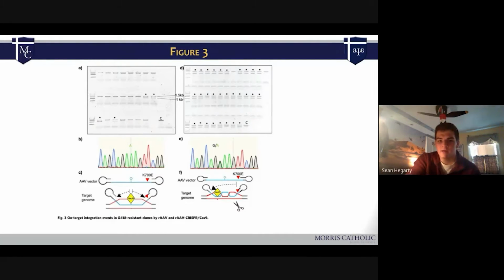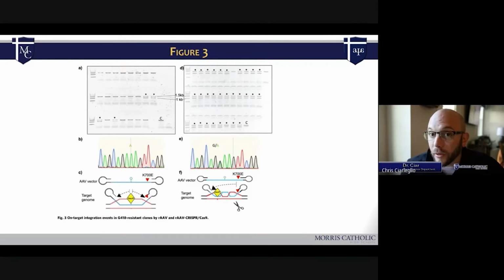And if you look in figure E, this figure is really screwed up. But you could see in the 7th peak, it goes from an A, as it is in B, to a G. It goes to both.